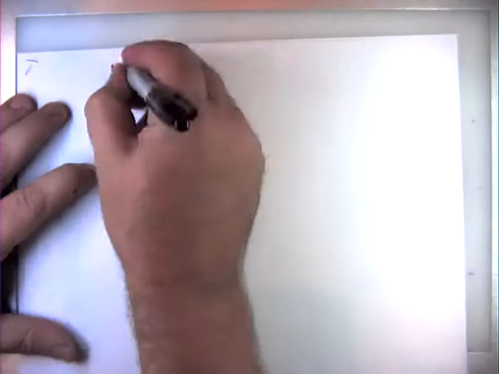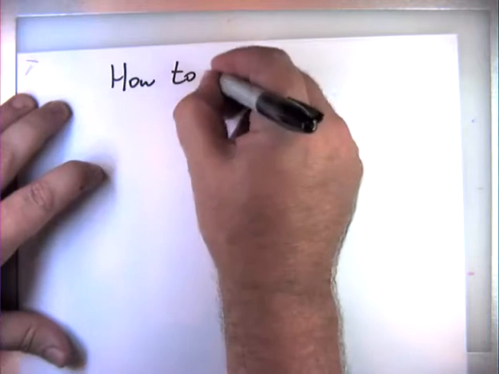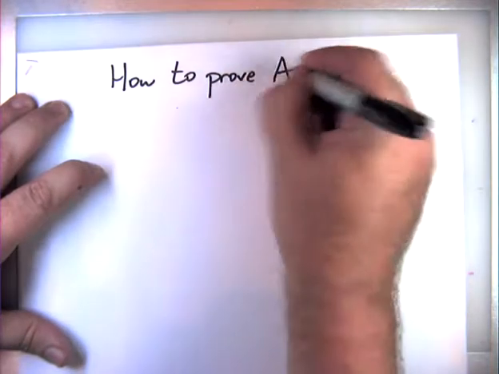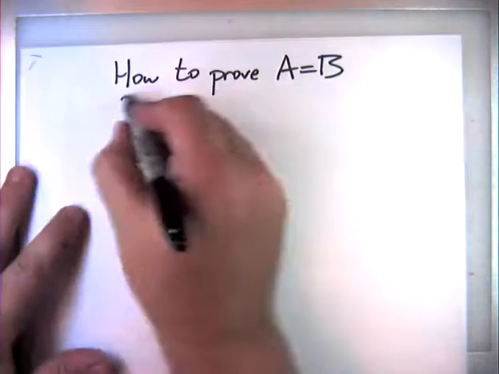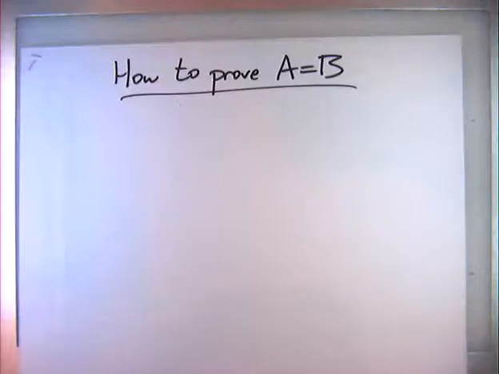So I'm going to give another sort of template. Suppose I have two sets, A and B. How do I prove that these two sets are equal? No. This is actually one of the few cases where that's not the right answer.